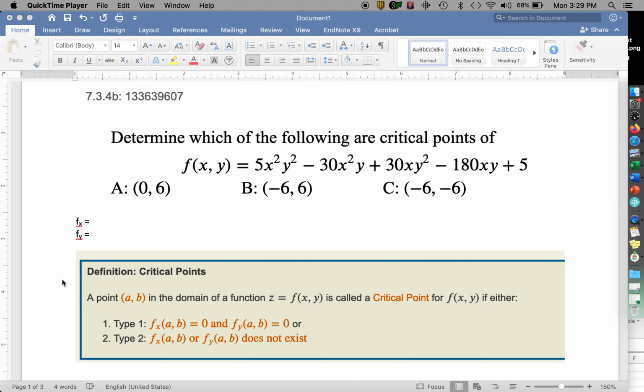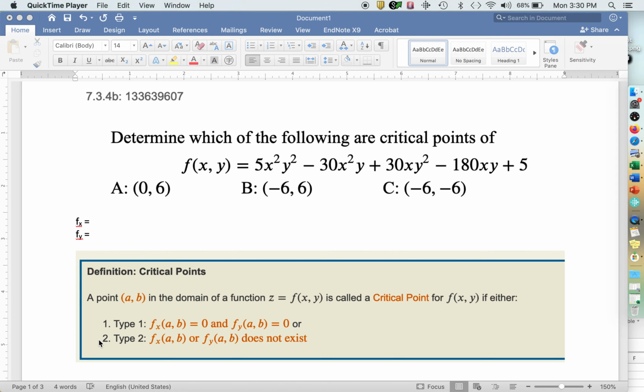From the textbook, Module 7.3, Lesson 4, it says that the definition of critical points would be if either in type 1 both f sub x and f sub y are equal to 0 for that point, or in type 2 either f sub x or f sub y, or possibly both.